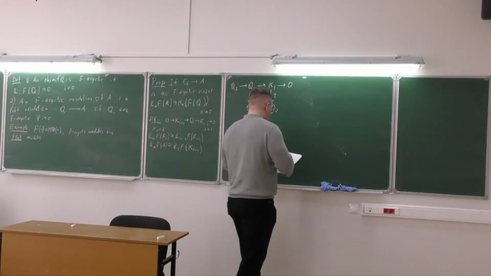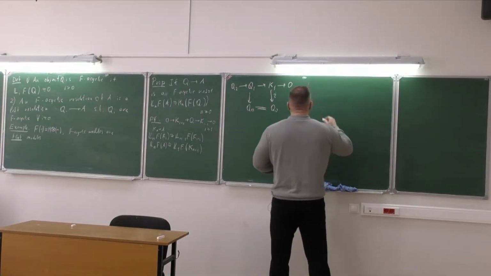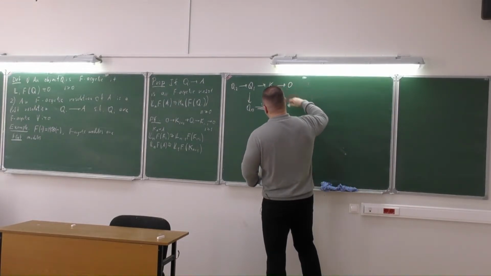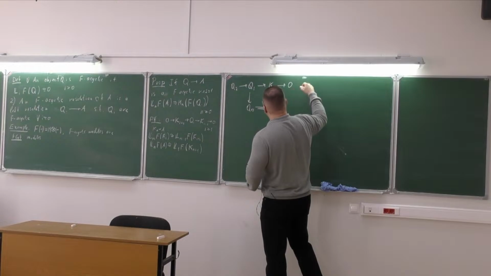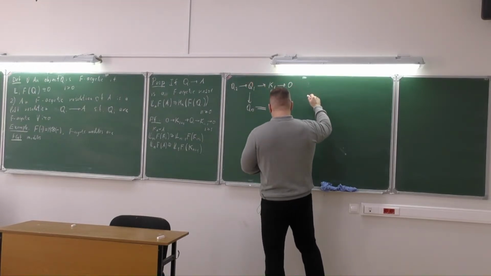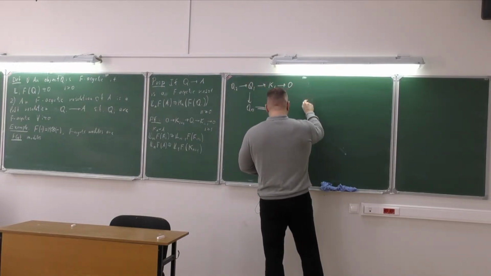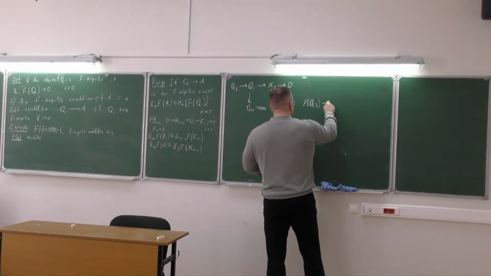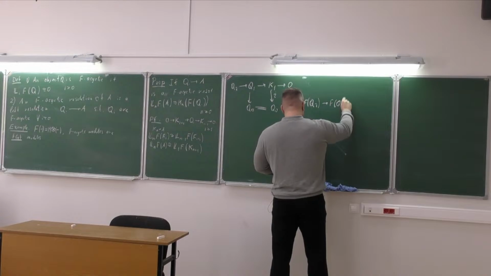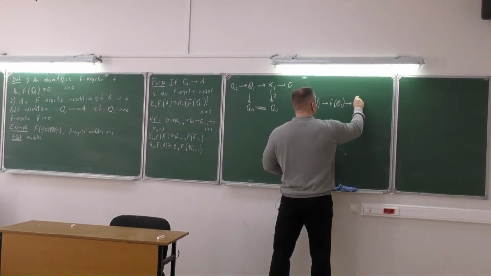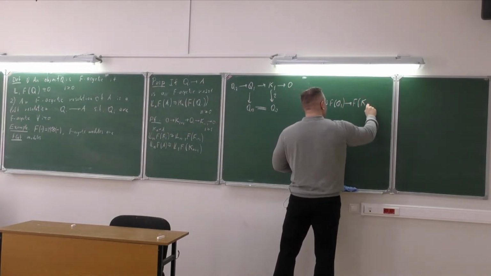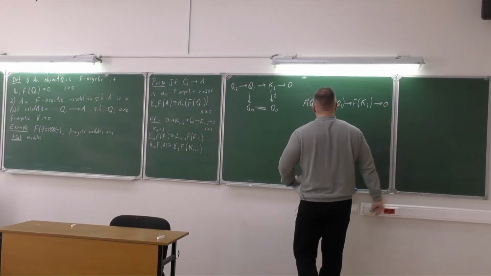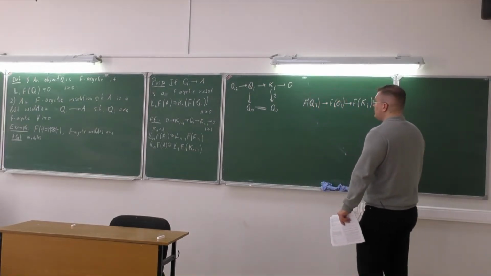So to this diagram I'm applying the functor F. Then I want to use the snake lemma, so I want to keep some space for the kernels. So I will get F of Q_2, F of Q_1, F of K_1. Right, so this is exact, since I assume that the functor is right exact.